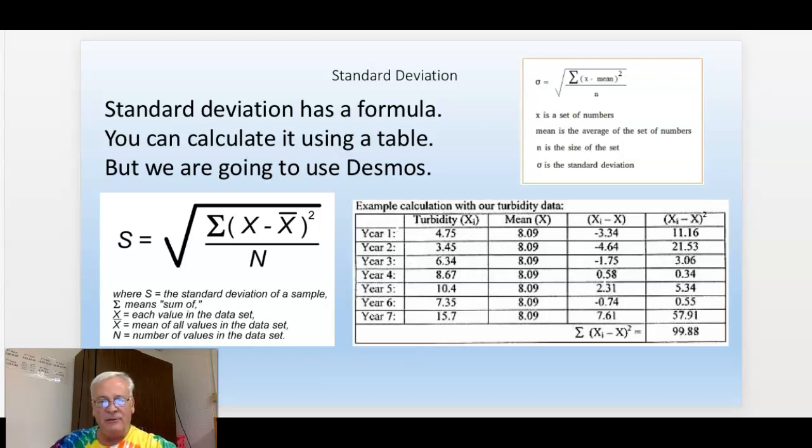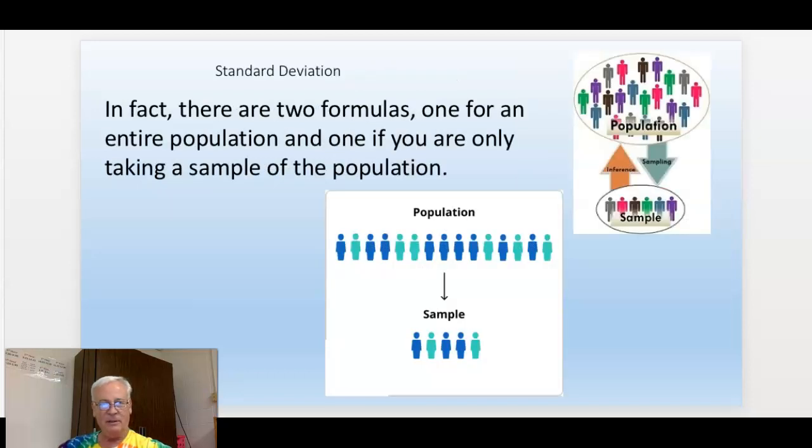So when we make the table, we have to take the average and how far away each data point is from the average, and then square it. Keep track of all those points, then add them all up, and then divide by the number of points, and then take the square root. It takes a while. So we're going to use Desmos or the graphing calculator, either one.